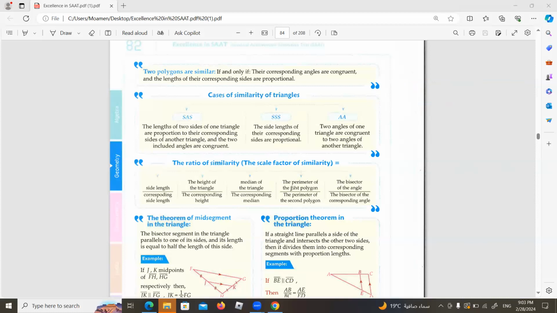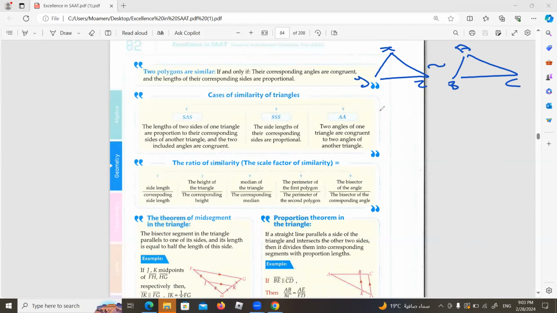Okay, we're going to the ratio of similarity or the scale factor for the similar. Pay attention with me. If we talk about two triangles, the first triangle is XYZ, and the second triangle is ABC, and the two triangles are similar. What shall I deduce?